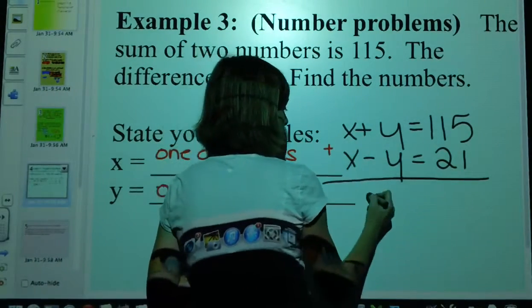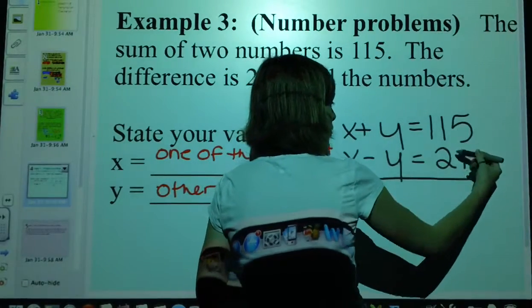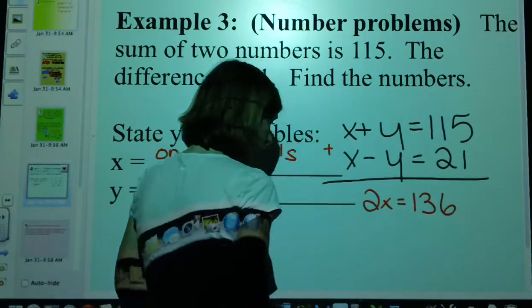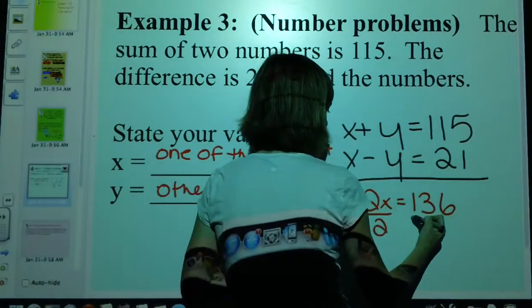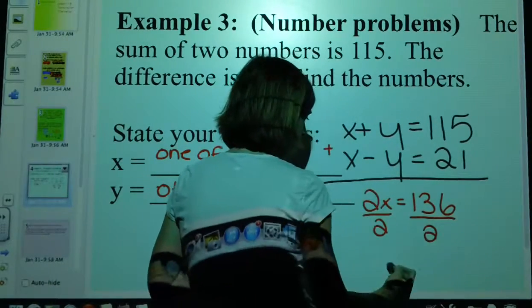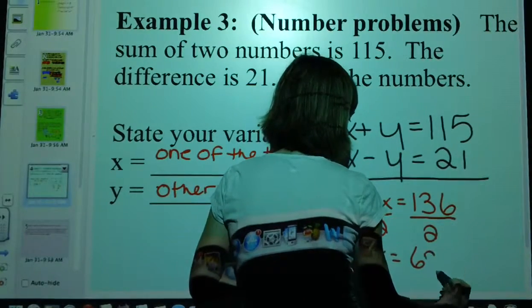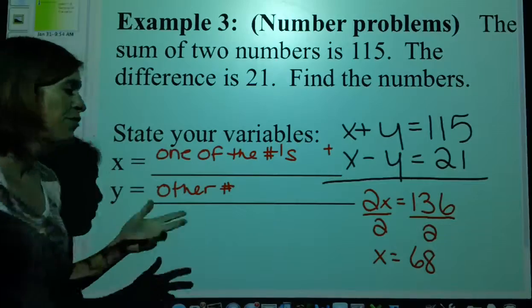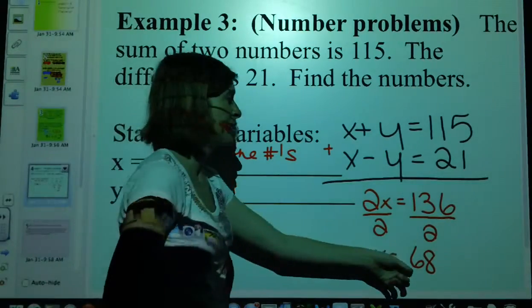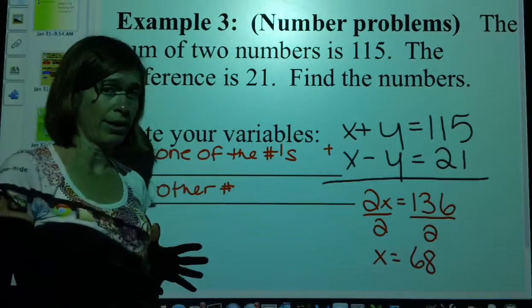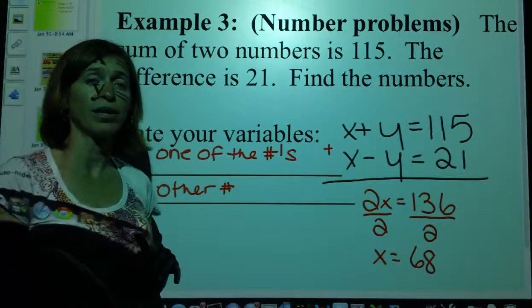So we get x plus x, which is 2x. 115 and 21 gives me 136, and I'm going to divide by 2 on both of those. So we're going to get x equals, what is that, 68. Okay? And to find the other number, I want you to plug 68 in and solve for y. So I'm going to let you do that, and we'll check it tomorrow in class.